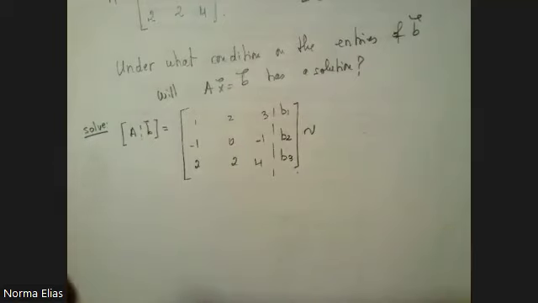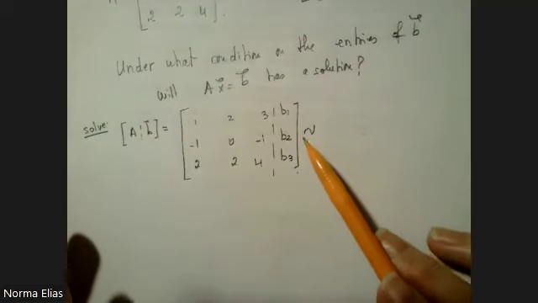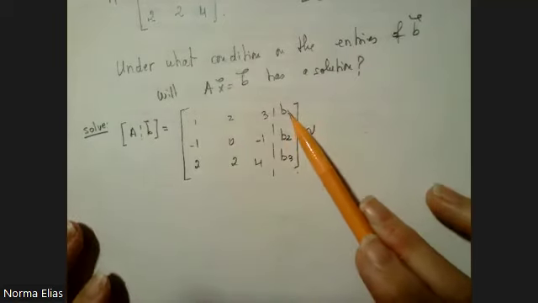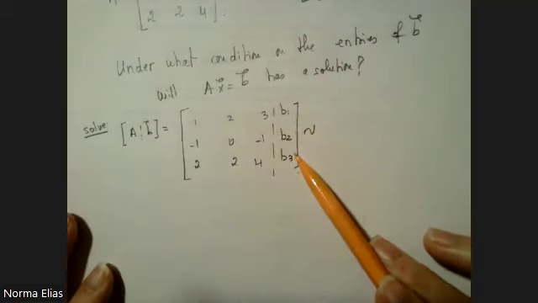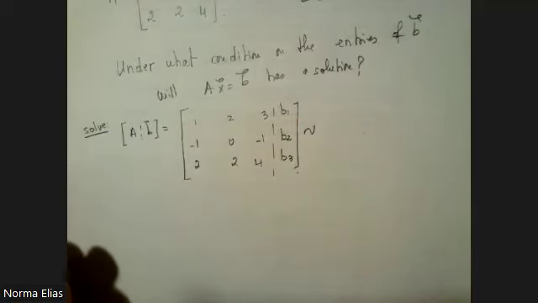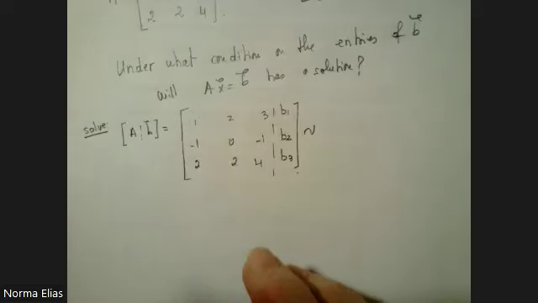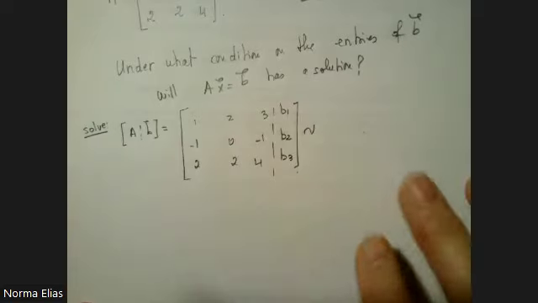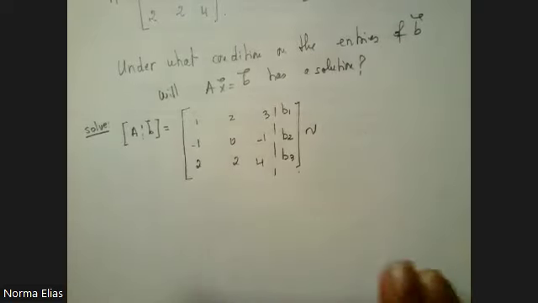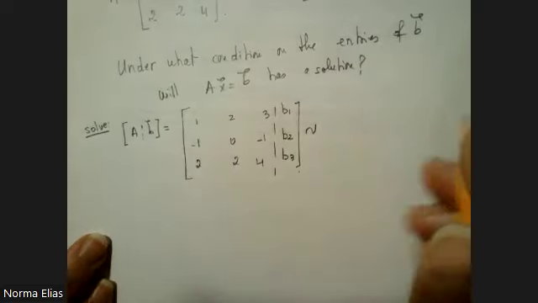So we solve. And whenever we're solving and we have a parameter or number that we don't know in the augmented part, we only go to the echelon form. You never go to the reduced echelon form because it becomes really more complicated. So whenever we're trying to solve or discuss the solution, you always stop at the echelon form. So let's do that.